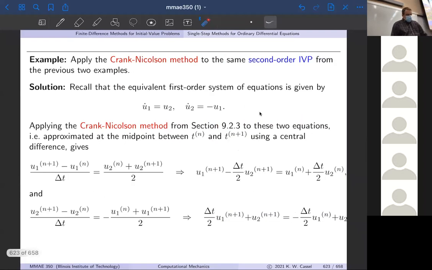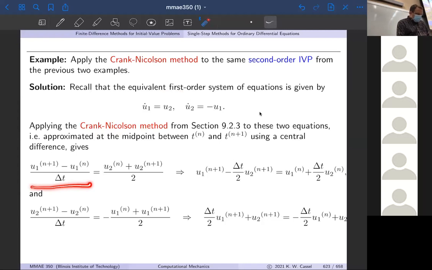Now, what about Crank-Nicolson? So we can do all three. So same equations, here they are, same two equations that are equal to our one second order equation. Now for the Crank-Nicolson method, again, X marks the spot is right in the middle between the previous and the current time step. So we have on the left that second order accurate central difference approximation.